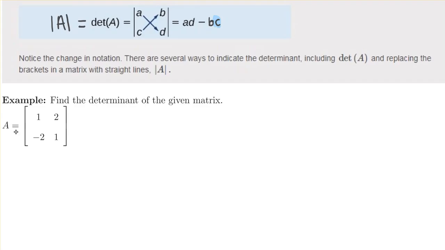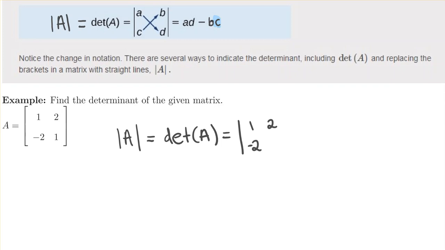In this example, we have our matrix A is 1, 2, negative 2, 1. So we could express that we're finding the determinant by writing it like this. Equivalently, determinant of A, or finally, okay. And here the vertical bars indicate that we're taking the determinant of this.